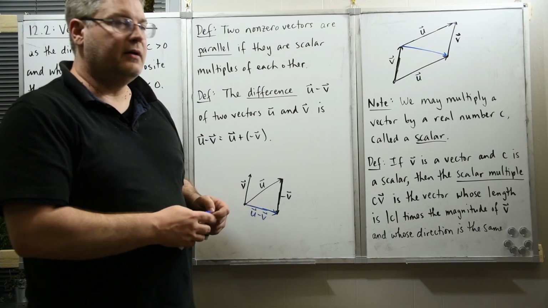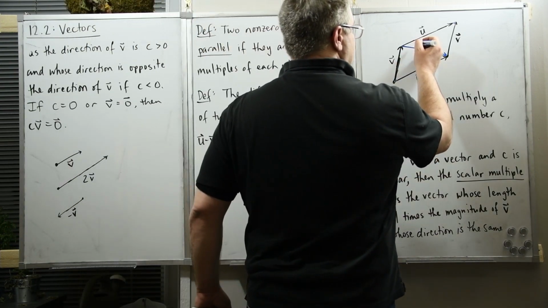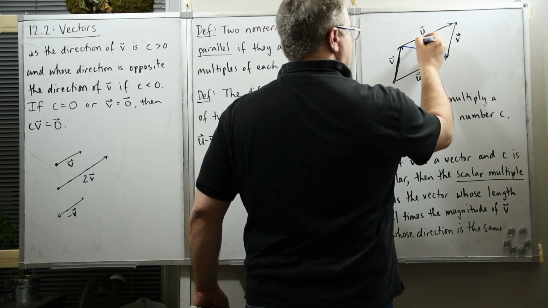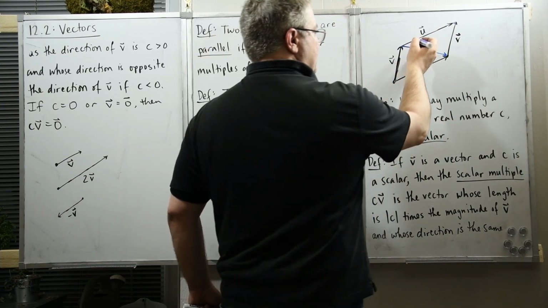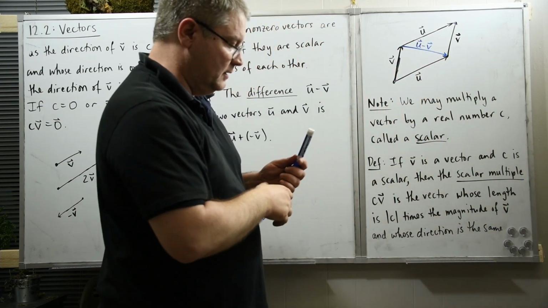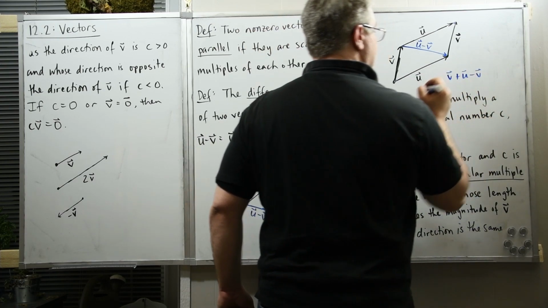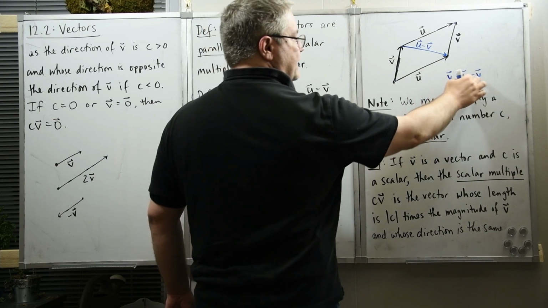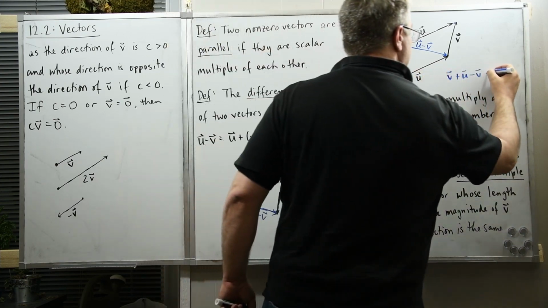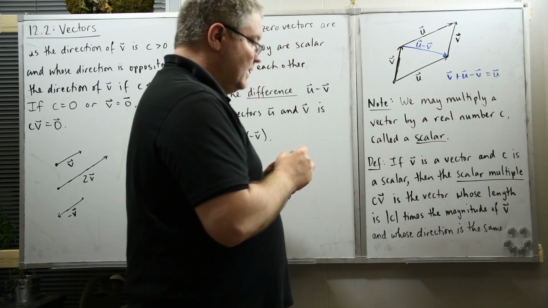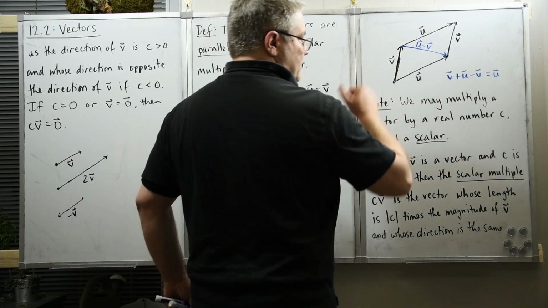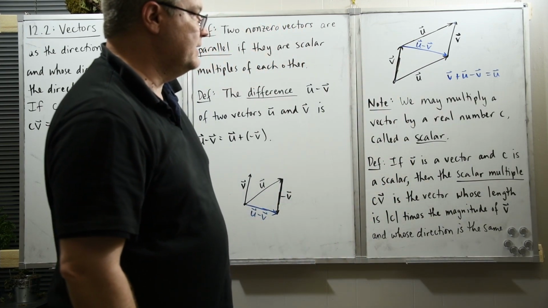Now how can we pull that off? Well, this vector would then be u minus v, because v plus u minus v, check it out, the v and the negative v cancel out. You're left with u. And so this is another way that you could think about u minus v.